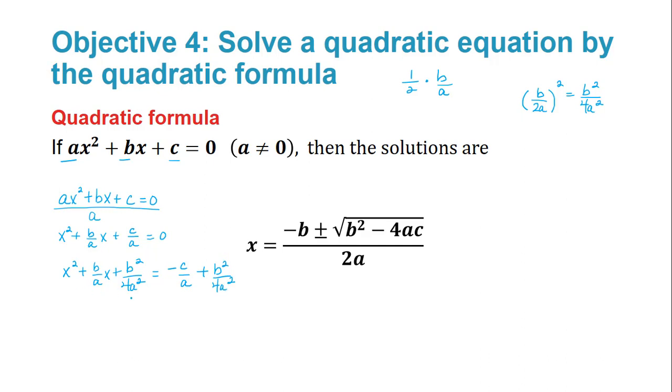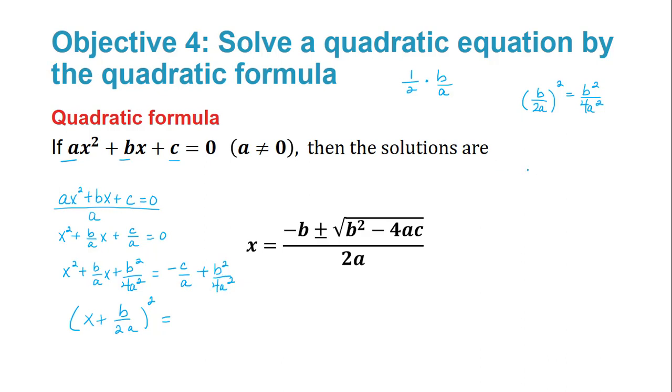And so the left-hand side actually factors as x plus the expression we just squared to get the b squared over 4a squared, which is b over 2a. And on the right-hand side, we would have to combine those rational expressions, those fractional expressions, by getting a common denominator.